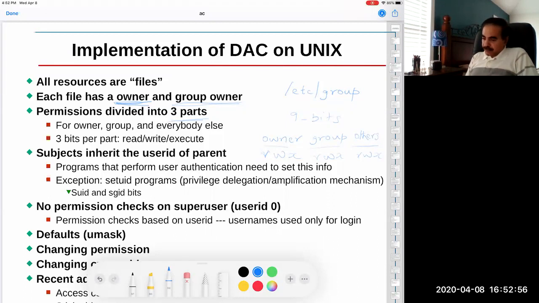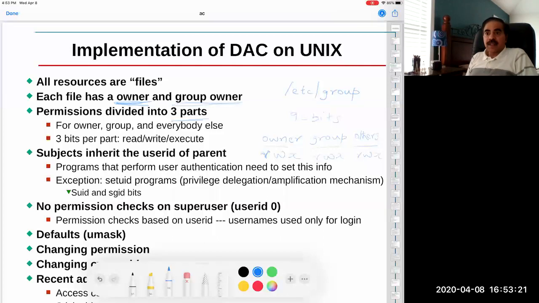So basically, whenever a subject accesses a file, the operating system first checks the subject, because each subject also has an associated owner and a set of groups.